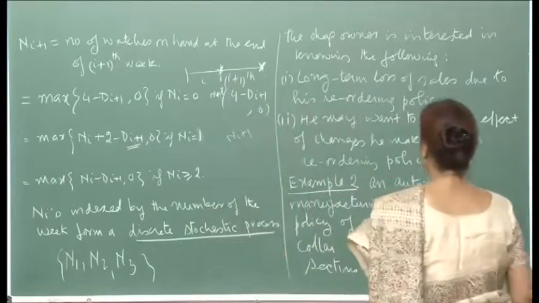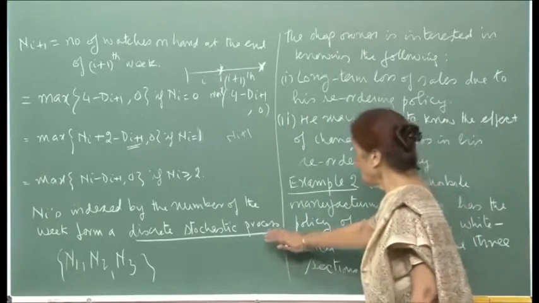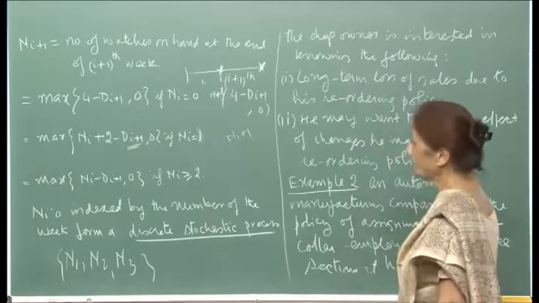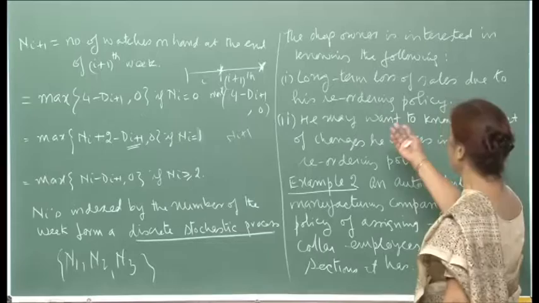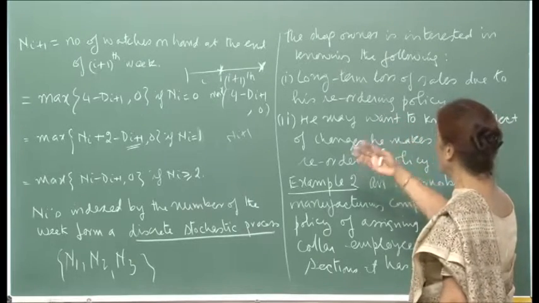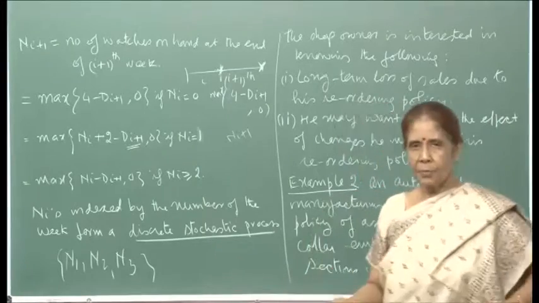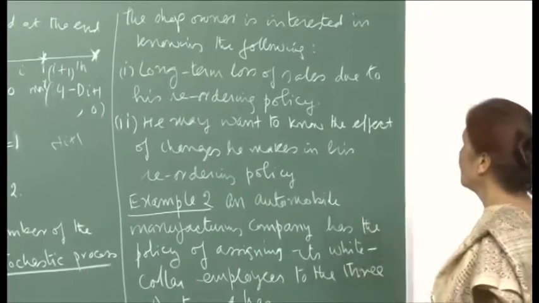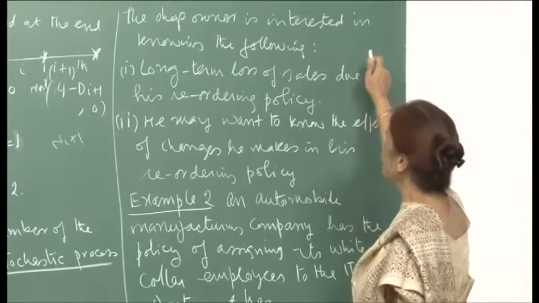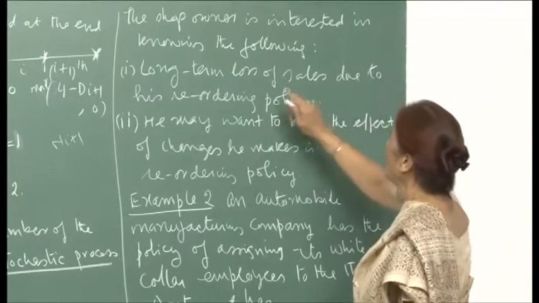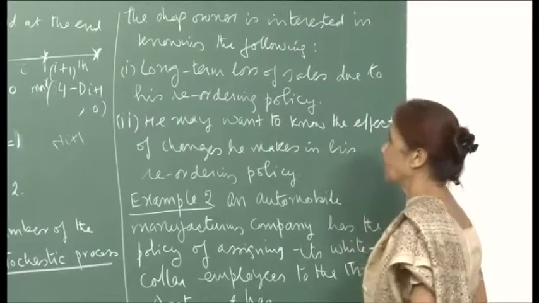Another example. Now the next question to be asked is why study this. So for example, I have just tried to state 1 or 2 questions that the shop owner may want to have answered, but of course there can be many other questions that you can also raise. So for example, the shop owner is interested in knowing the following: long term loss of sales due to his reordering policy.